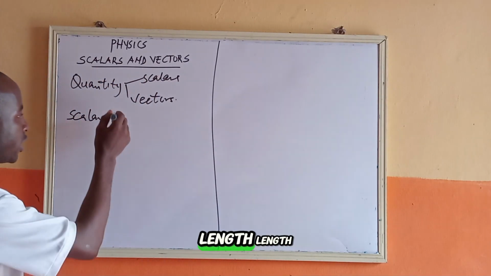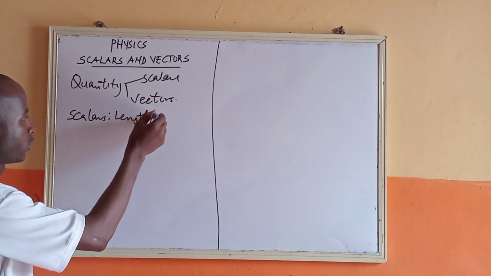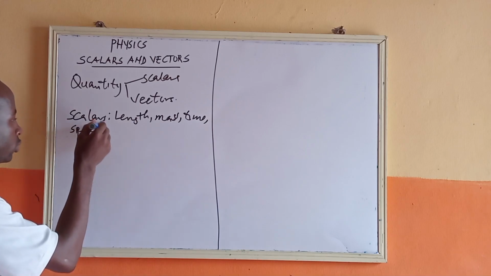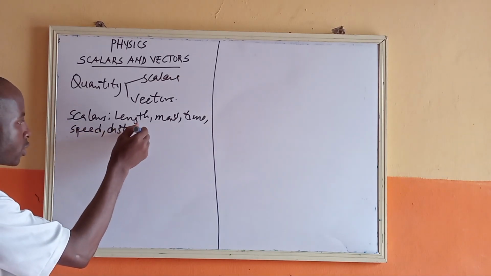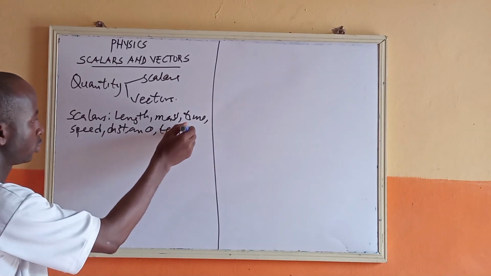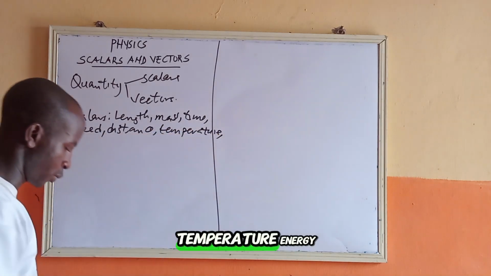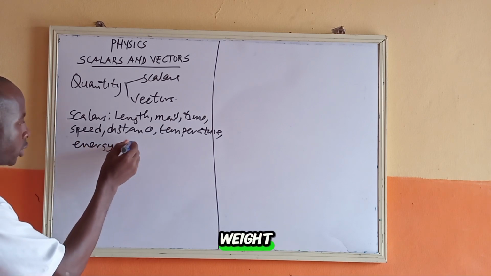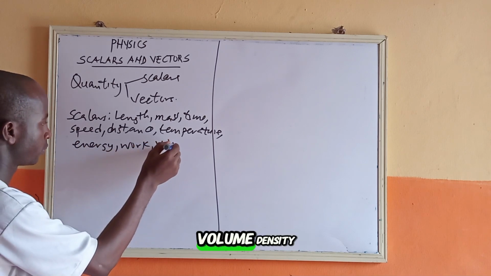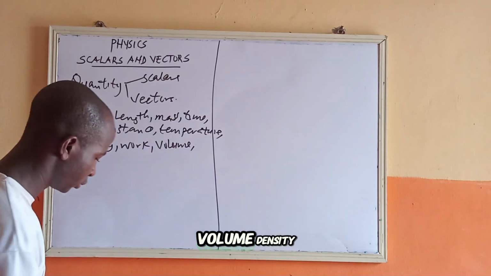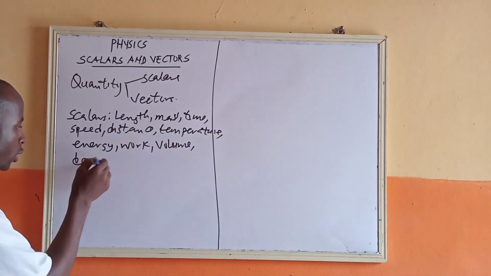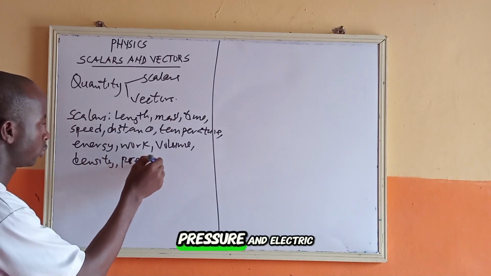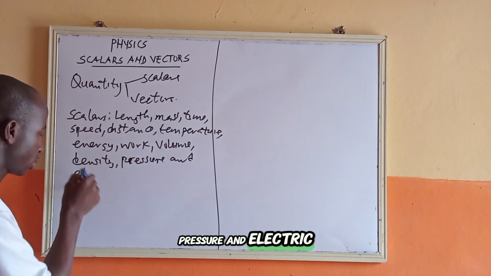Examples of scalar quantities are length, mass, time, speed, distance, temperature, energy, work, volume, density, pressure, and charge.